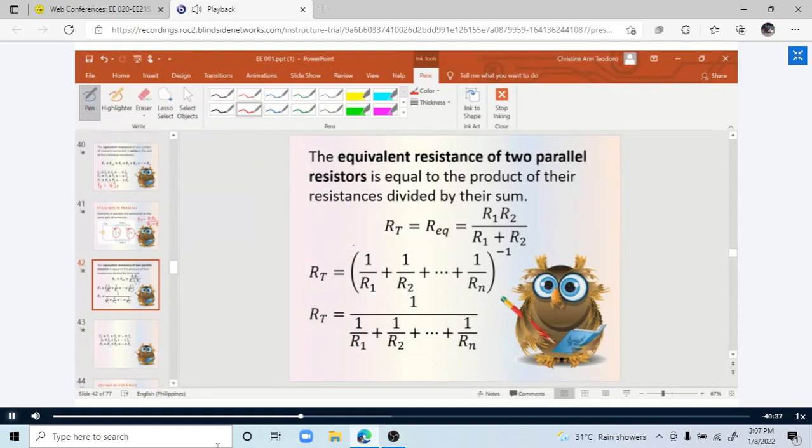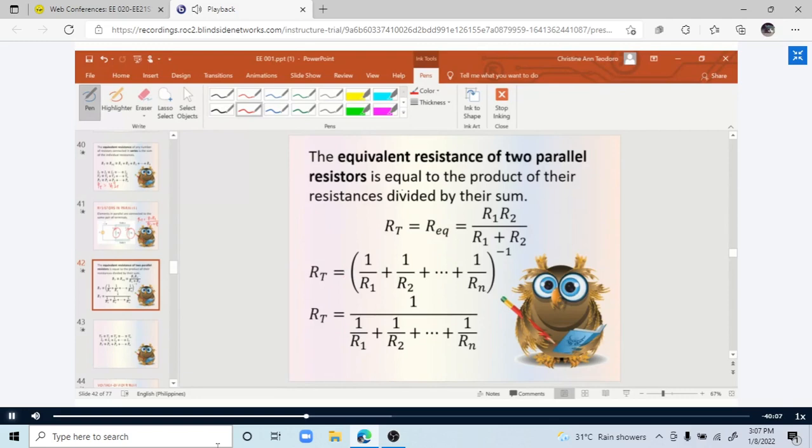Actually, I prefer the second formula rather than the third formula, because the second formula is much better to type on the calculator. But of course, if you prefer the third one, you can apply that. Okay? So this is now the formula for your equivalent resistance for parallel connected resistors.